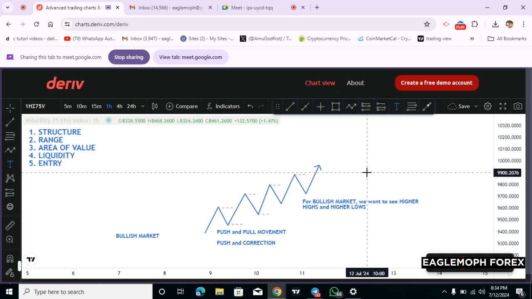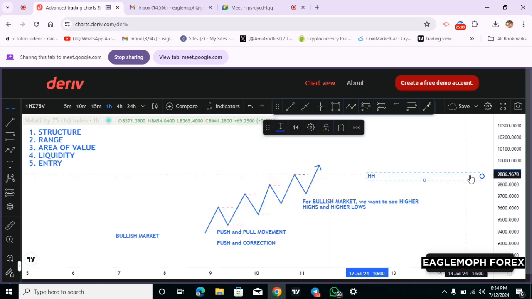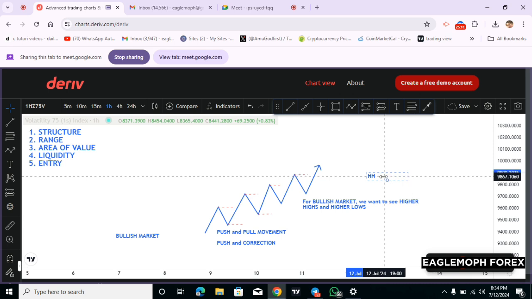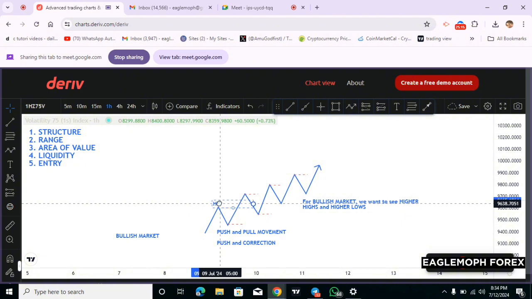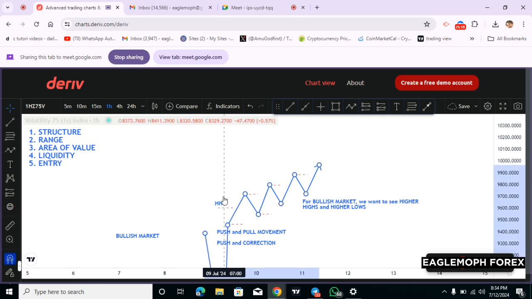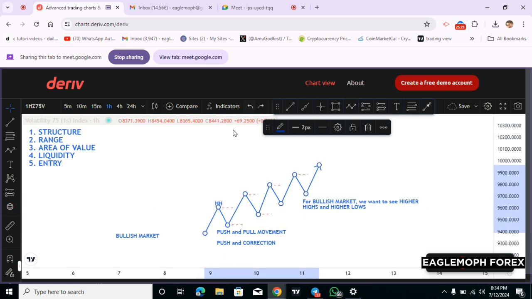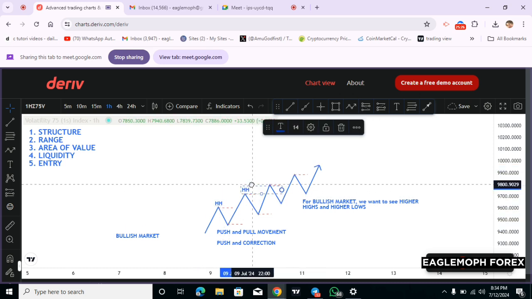So what do we see? In a bullish market, we want to see what? Higher highs. So in a bullish market, what do we want to see? We want to see higher highs being created. This is a higher high. Then I want to see another higher high here.